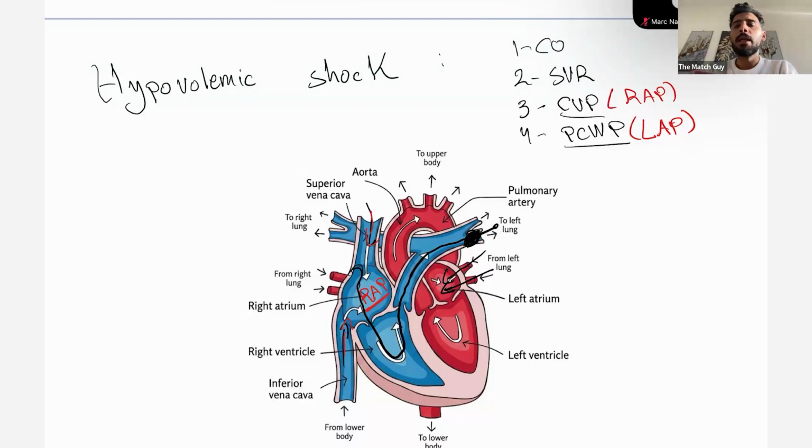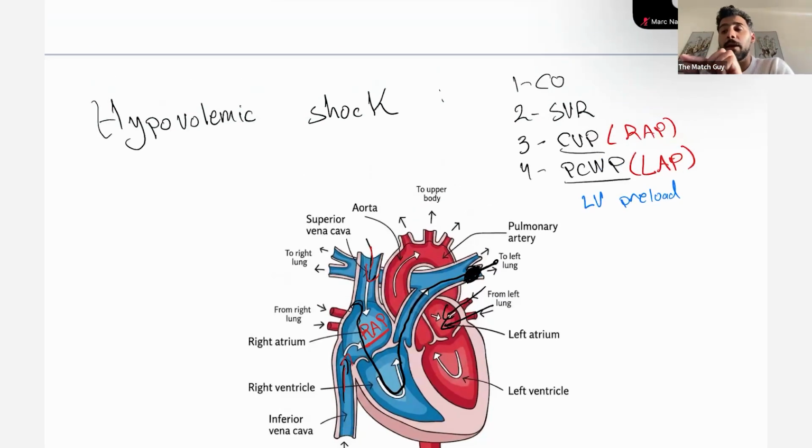In other words, the pulmonary capillary wedge pressure measures for us the left ventricle preload, or the left heart preload, how much blood is coming back to the left ventricle from the lungs. The same as the CVP, or the central venous pressure, measures for us the right ventricle preload, or how much blood is coming back to the right heart.